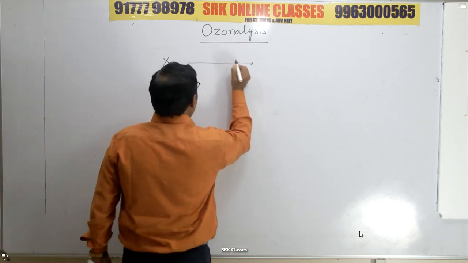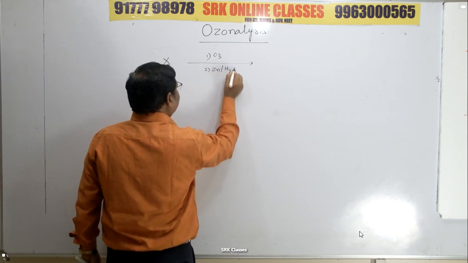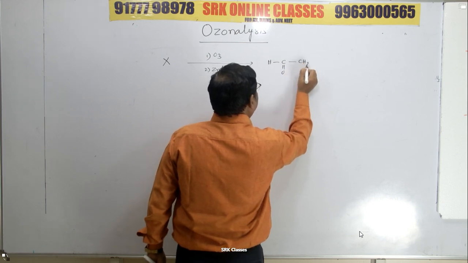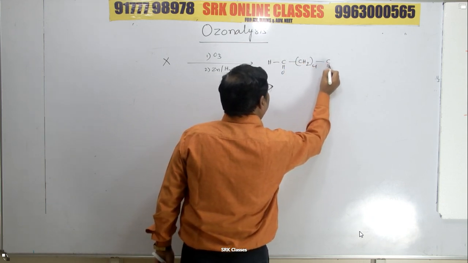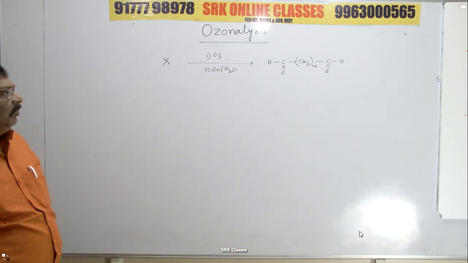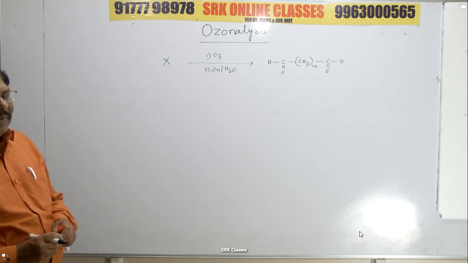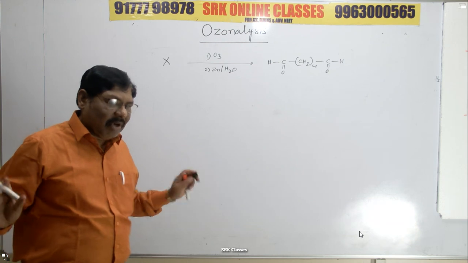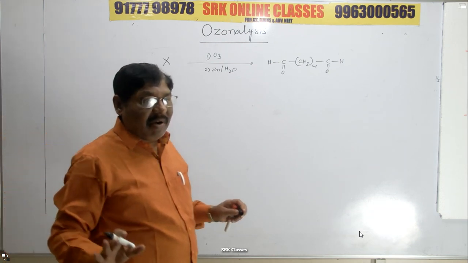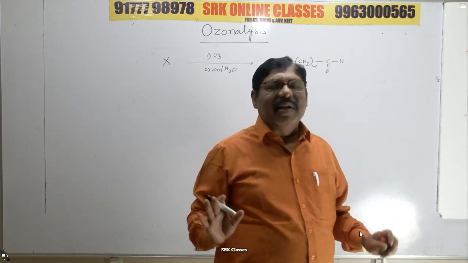X on ozonolysis produces this compound. What is X? You just try. Only one product is given with the same number of carbons, and you have to identify it. The starting compound contains the same number of carbons, but only one product is formed. Whenever it forms one product with the same number of carbons, it is understood it must be a cyclic compound.